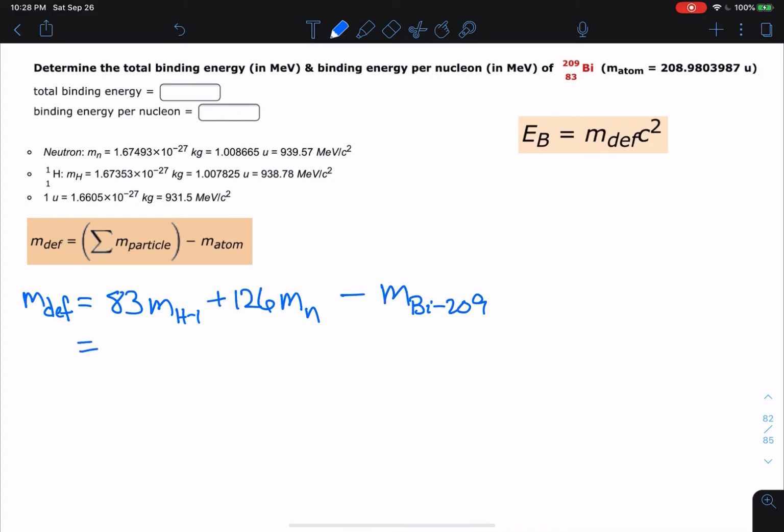When we do this, we're going to use atomic mass units, because that's what the mass of the atom was given to me in, so that's what I'm going to use.